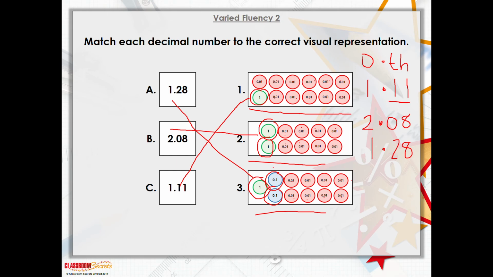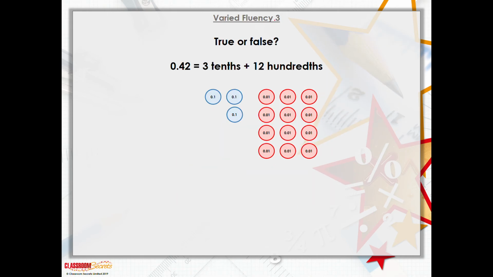Let's have a look at our next task. True or false? 0.42 is 3 tenths and 12 hundredths. So first of all, I'm going to do my place value grid. And we're going to work out, have we got any ones? No, we haven't got any ones, so I can easily place my 0 in there. Now I'm going to separate these two sections here.